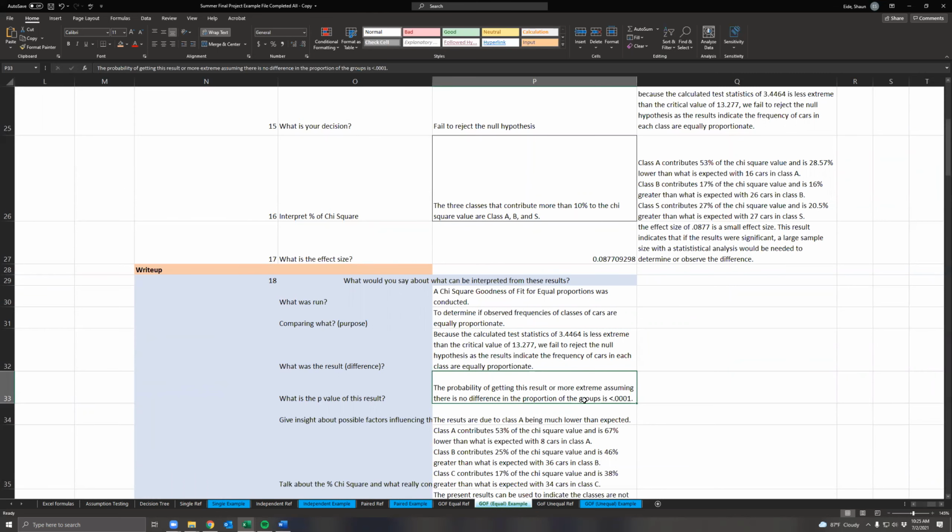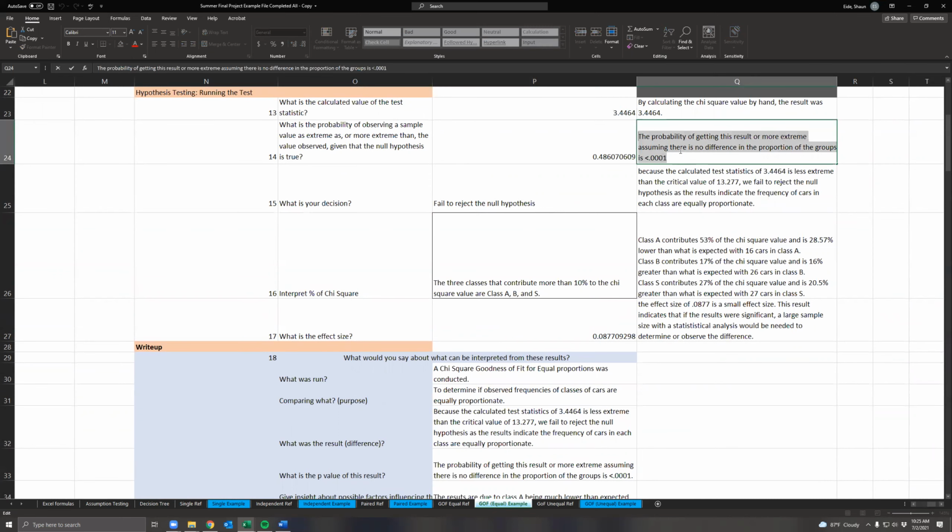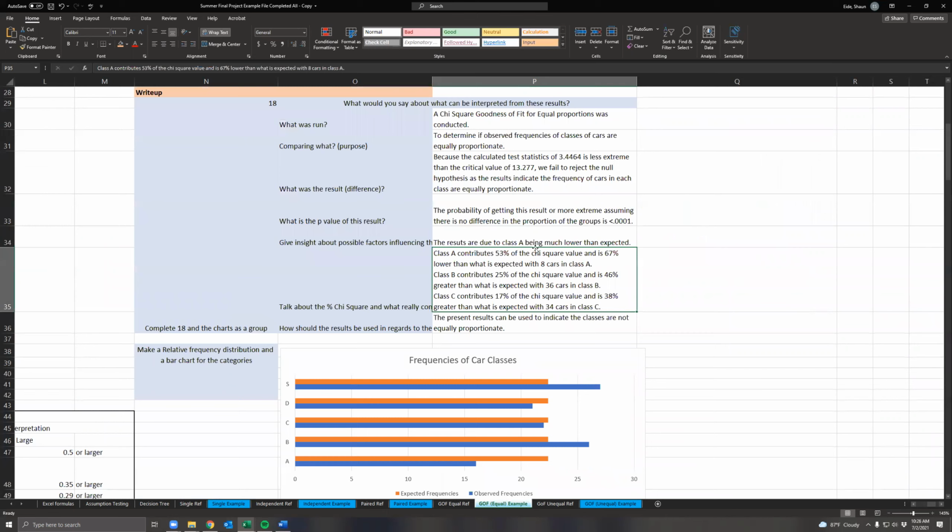The probability of getting this result is more extreme. Nope, that's not true, because it's 0.48607. Okay, so make sure when you copy and paste anything from my work, that you always update it. It's really easy to overlook.